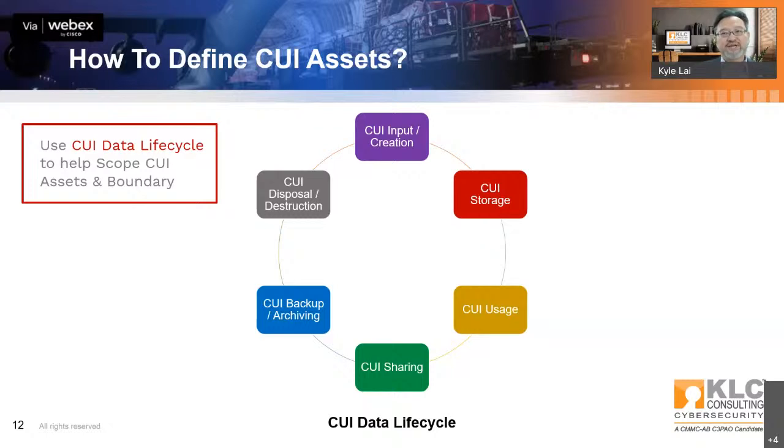So if you create some drawings based on the parts that you receive from your customers, for example, you are creating some of the specifications, or you are creating some technical analysis reports based on the specification provided by the DoD, you are creating some CUI information, right? So these are the things that you want to identify. How do you actually create this information or get input?